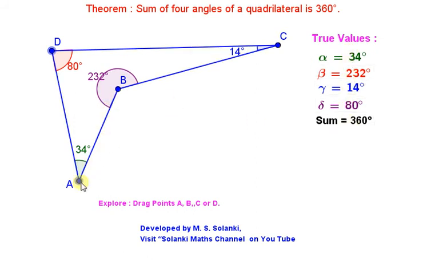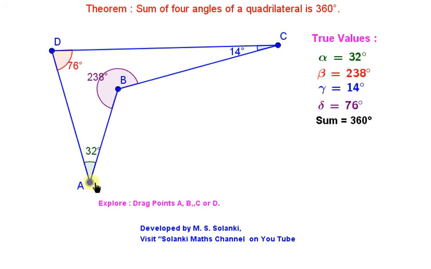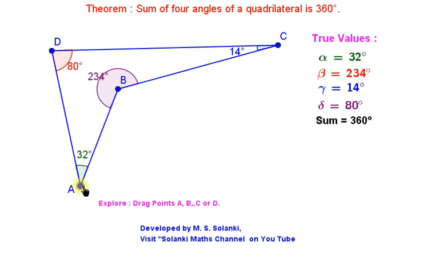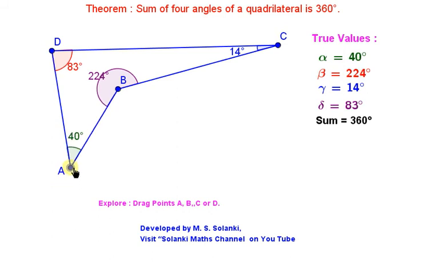So again we are finding not only in an obtuse quadrilateral, but in an acute one also, the sum of all interior angles is equal to 360 degrees.